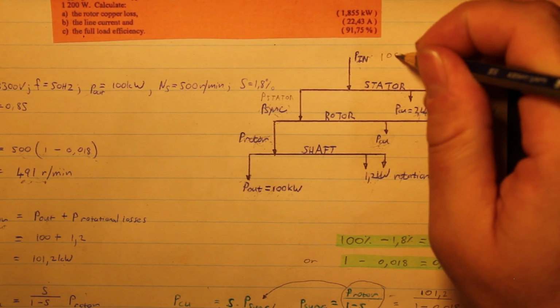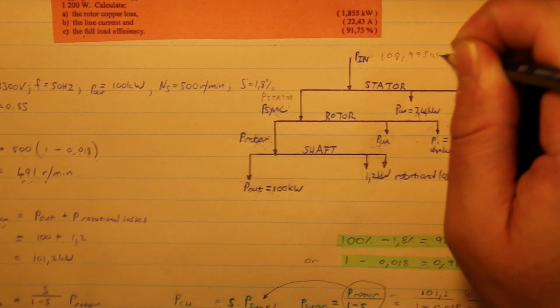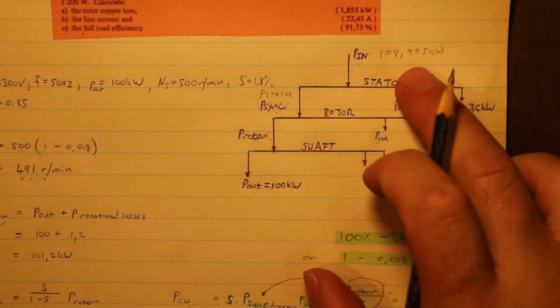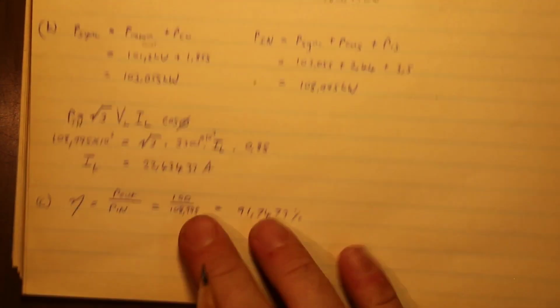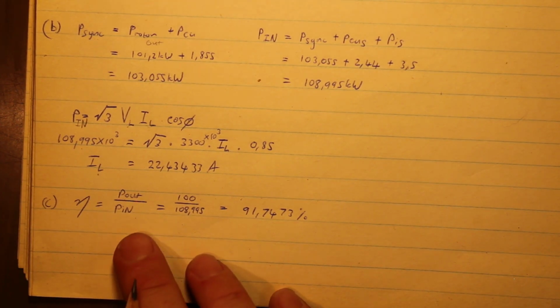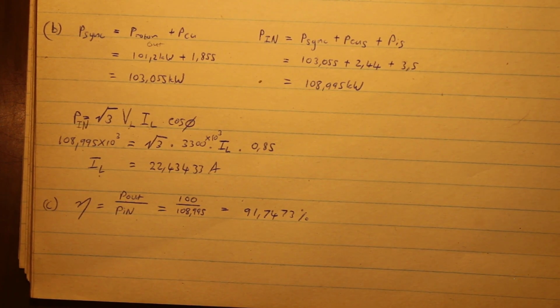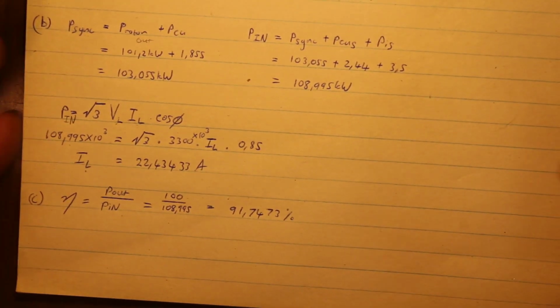It was 108,995 kilowatts, and we're just going to put 100 over 108,995 and get the efficiency of the motor. So there you go. So the power out over power in, and we get an efficiency of 91,7473%.